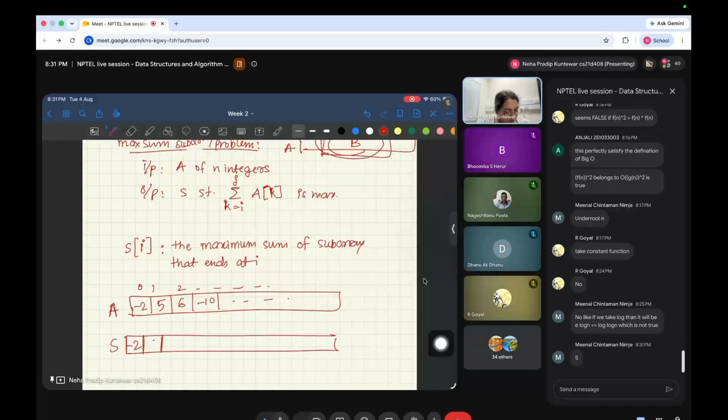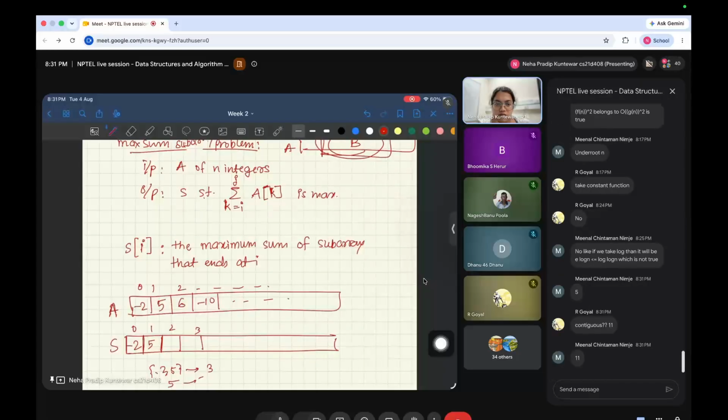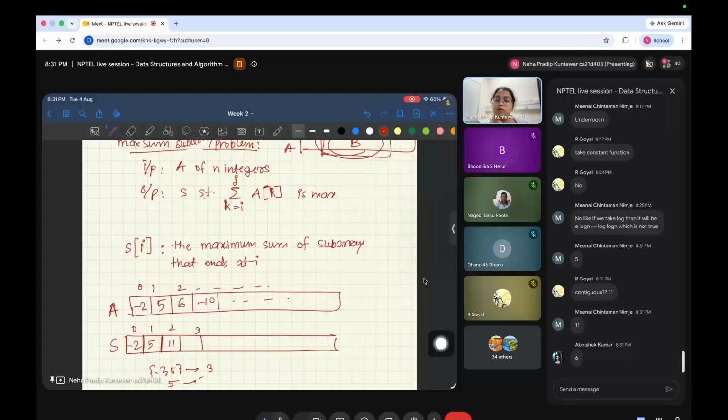Yeah, 5. So you have two options: either take -2, 5, in which case the sum is 3, or you take 5. So the maximum is this. Let me just fill the 4 entries. What is the value at S of 2? 11. And what about S of 3?